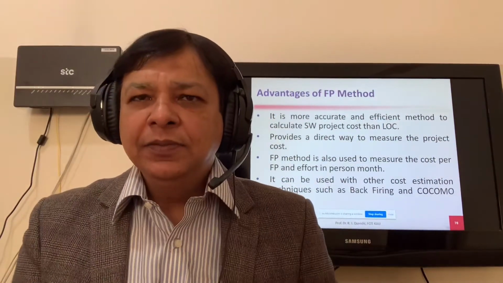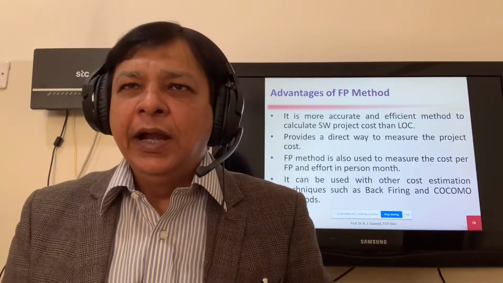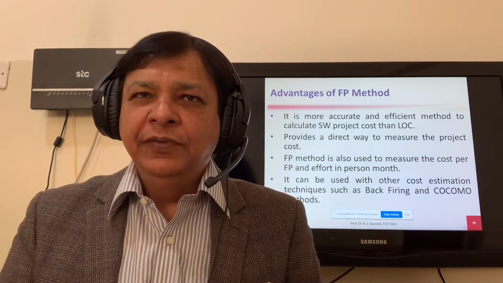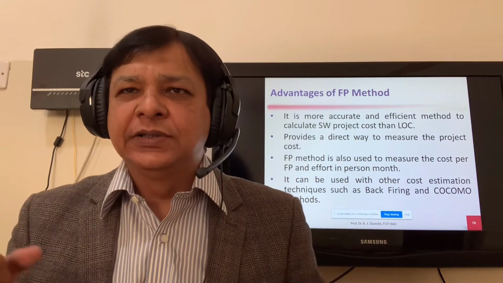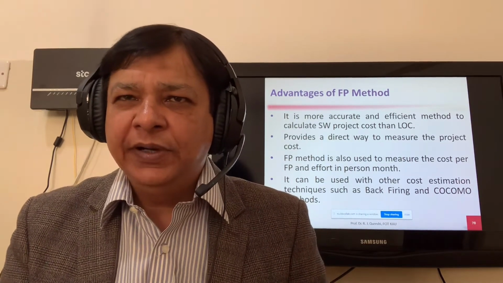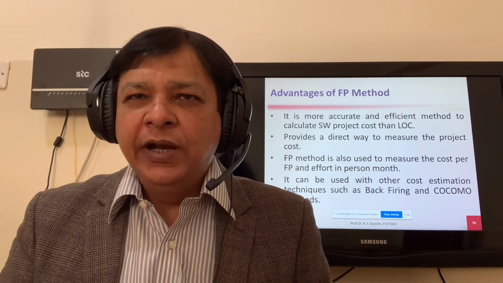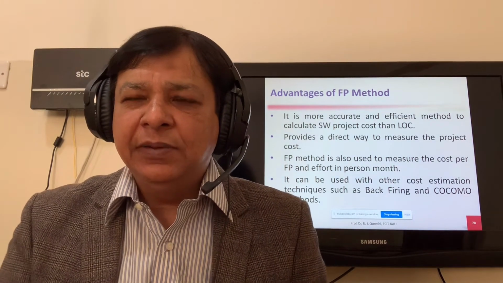So, advantages of function point. It is a more accurate and efficient method than the line of code method. It provides a direct way to deal with the current project in terms of cost. You can calculate the number of functions, and also effort, project cost, and variable labor rate. So it can be used with other estimation methods.